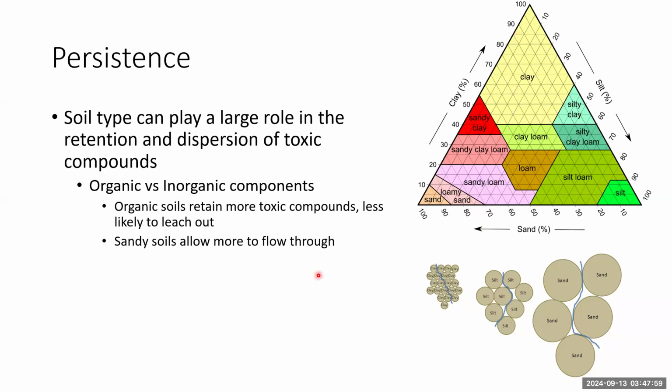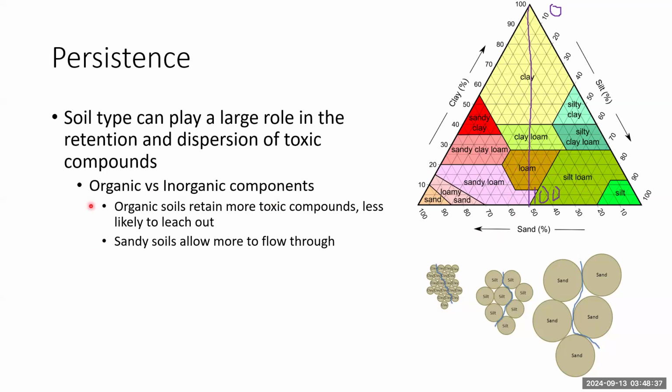So you can almost imagine a fourth axis coming down through this pyramid, where we can start with basically zero organic to lots of organic. Anytime on this soil pyramid you start to see the word loam come into play, that means a very high organic content. So loamy soil is mostly organic, very little inorganic.